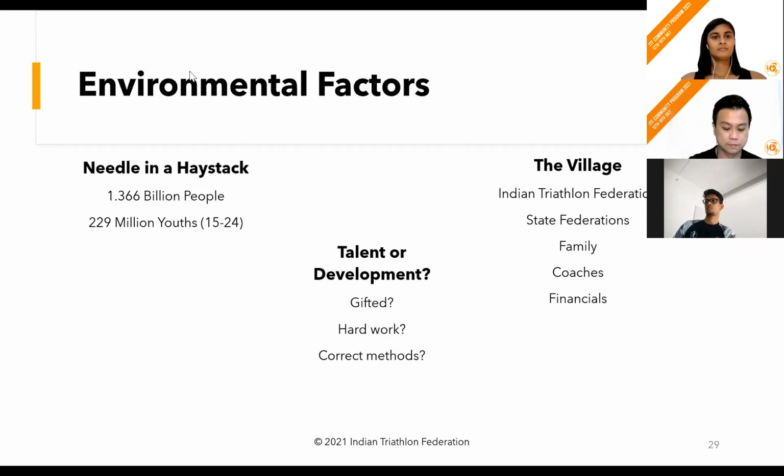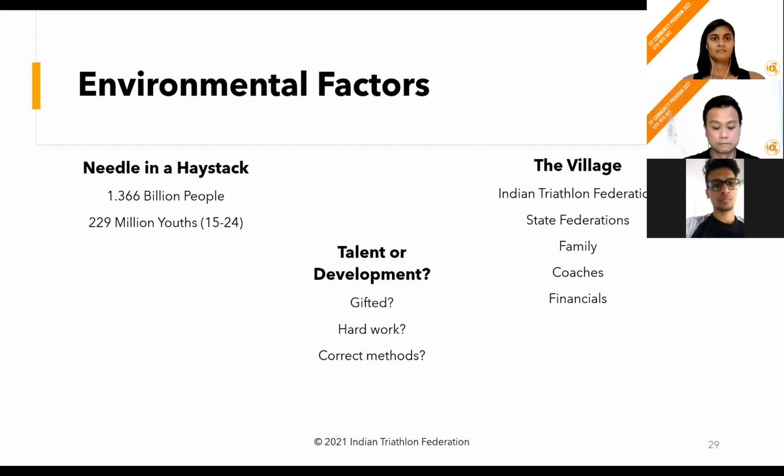Finding good coaches, creating good coaches is of paramount importance, because talent identification will also happen through proper coaching networks and proper coaching channels. Finances are important, although we're not looking at millions and millions of dollars. Do understand that if you want to be successful in any sport, let alone triathlon, you do need some financial support.